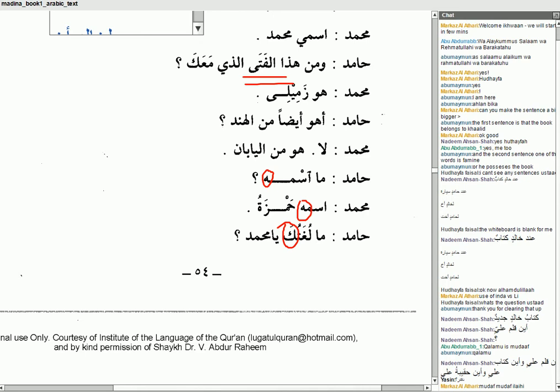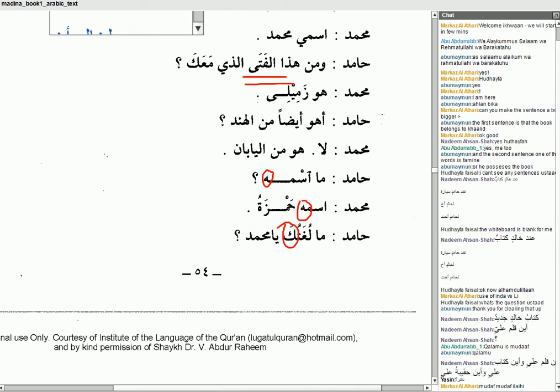Sahih, but I'm asking for one word in English that you would use to describe how the sentence sounds.